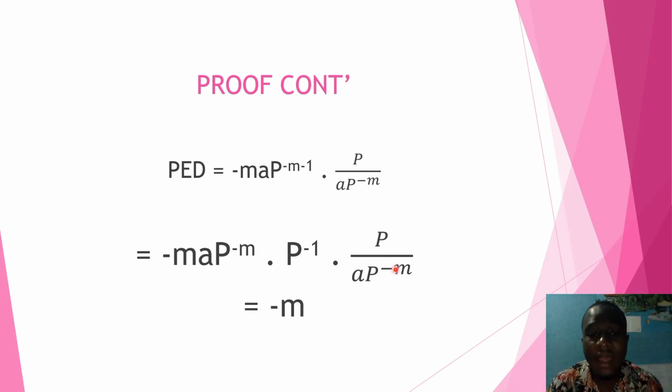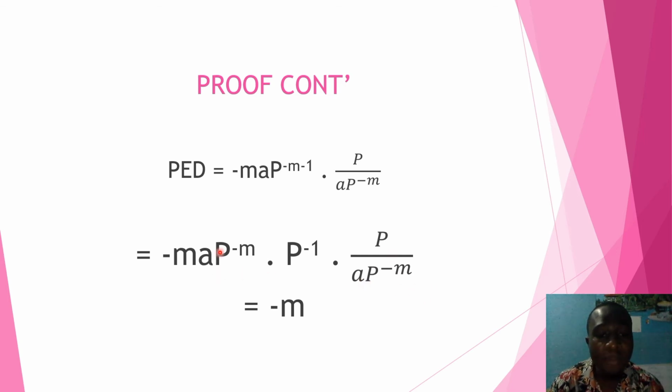From there, what are we supposed to do? You can see that because these are all multiplying, the AP exponent minus M is the same as the AP exponent minus M here.